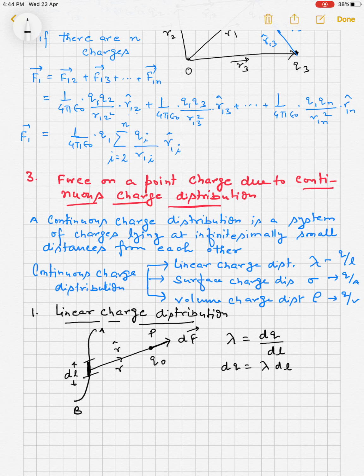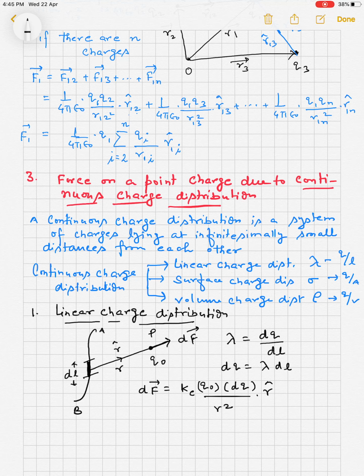Now according to Coulomb's law, dF is equal to electrostatic constant Ke Q1 Q2, which will be here Q naught and dq, upon r square, and here is the vector, so the magnitude should be multiplied by the unit vector in the direction of force.